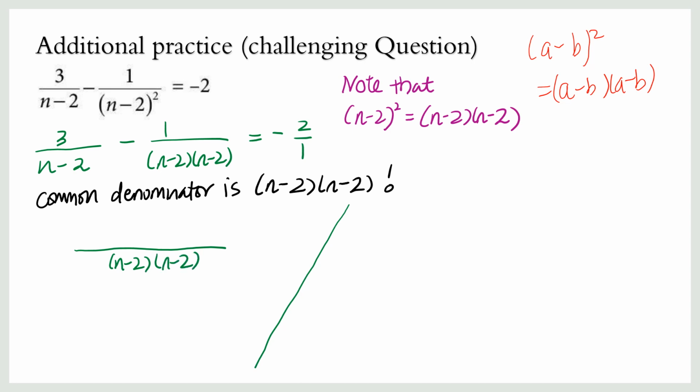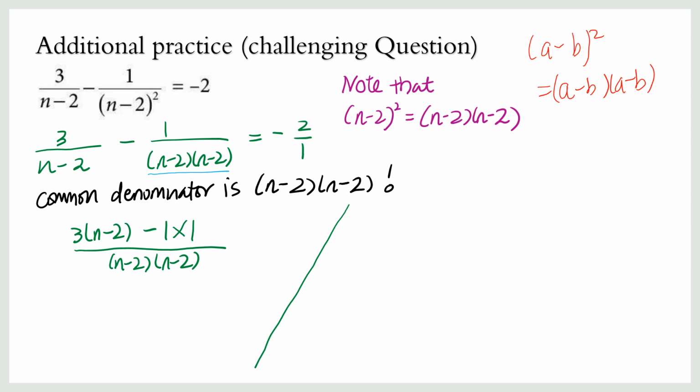Right, so we need to multiply your first algebraic fractions with another n minus 2. And then, of course, the second one we don't have to multiply, just have to multiply with 1 because at the denominator you already have n minus 2 times n minus 2.